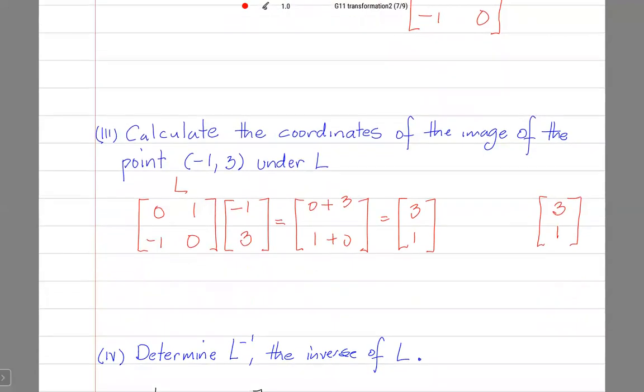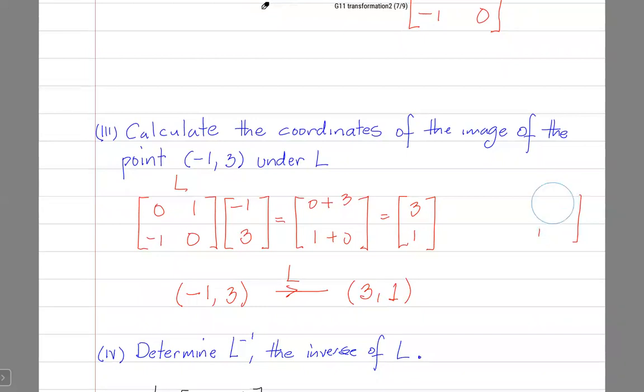So the point minus 1, 3 under the matrix L becomes the point 3, positive 1. So the point minus 1, 3 under the transformation L becomes the point 3, 1.